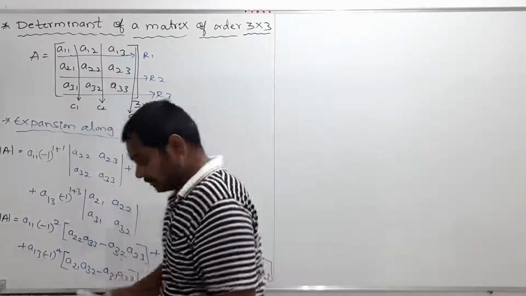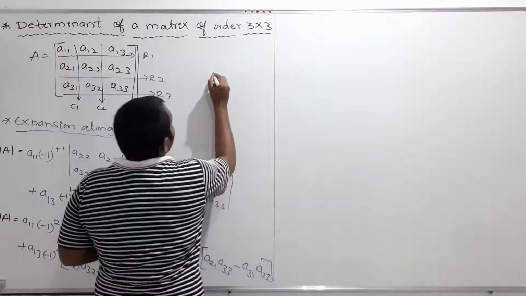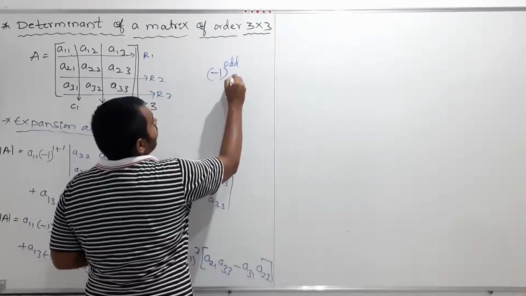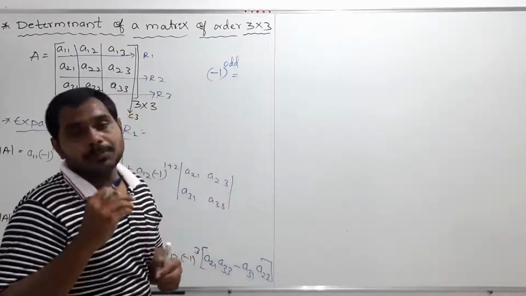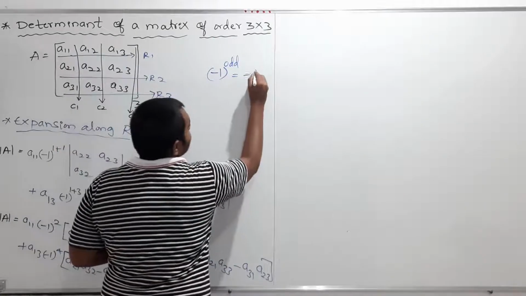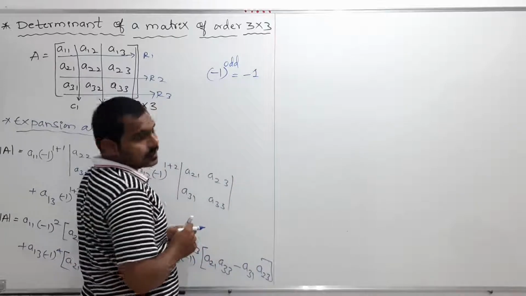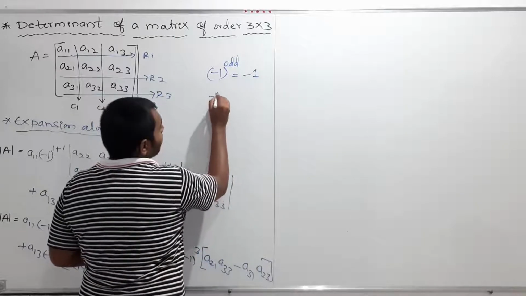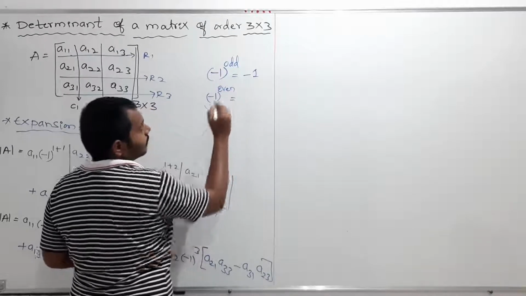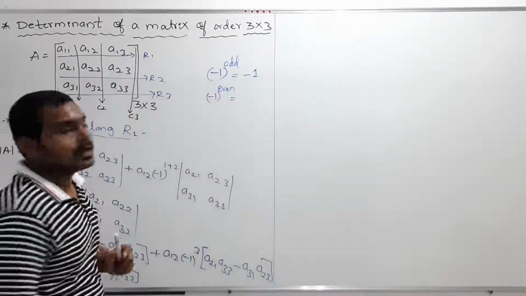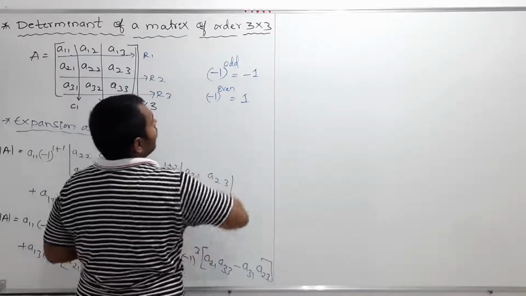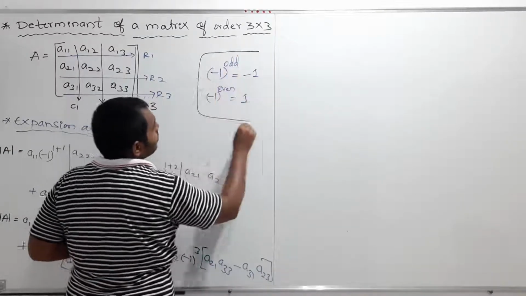If we have -1 whole to the power odd, if you have any odd number in the power, then the answer you will get is -1. Clear? And next, my students, -1 whole to the power, if you have any even number, then the answer you will get is +1. This already we know. Clear? So please keep in mind.